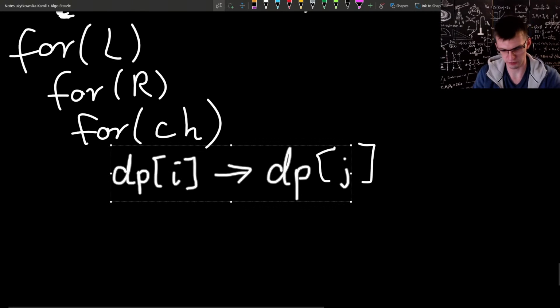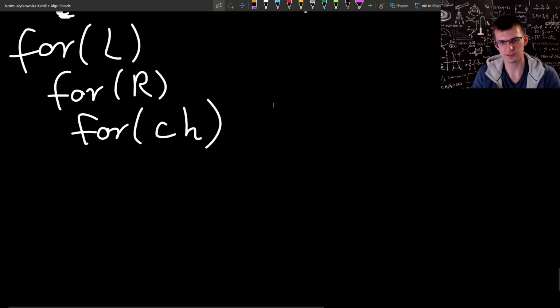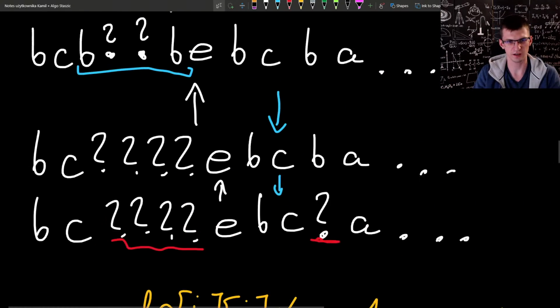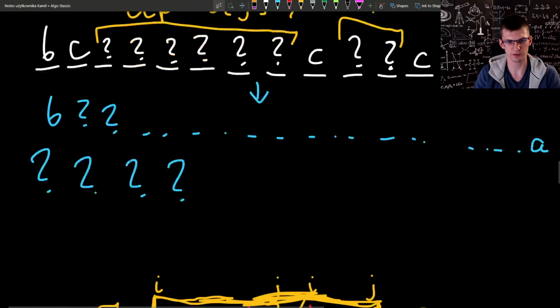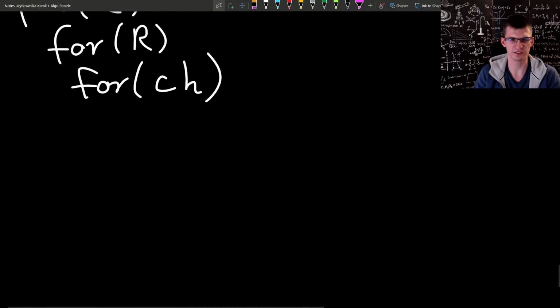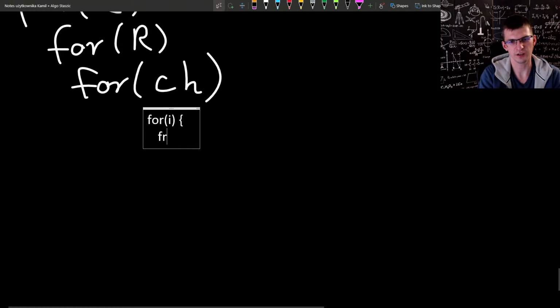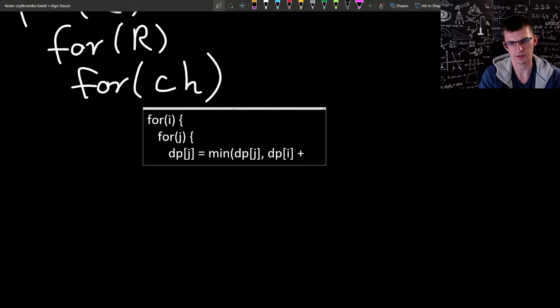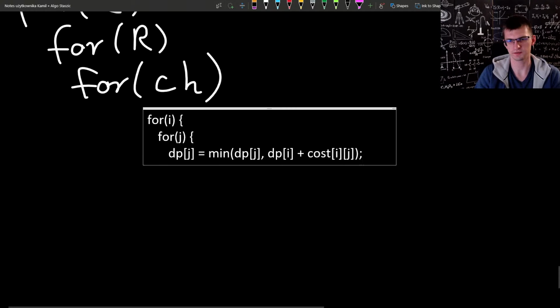So what this really will be, and instead of handwriting, with my ugly handwriting, I will just let me copy this. It's hard in this software to create a new text. It's something like that. For every i, for every j, consider going from index i to index j, plus cost of ij, like this.